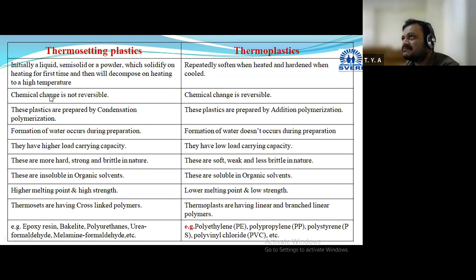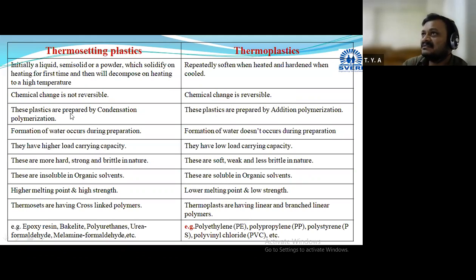Then the second point: chemical change is not reversible. Means once we heat and harden it, we cannot reverse it. In thermoplastic material you repeat that process, so whichever chemical changes occur are reversible in nature.